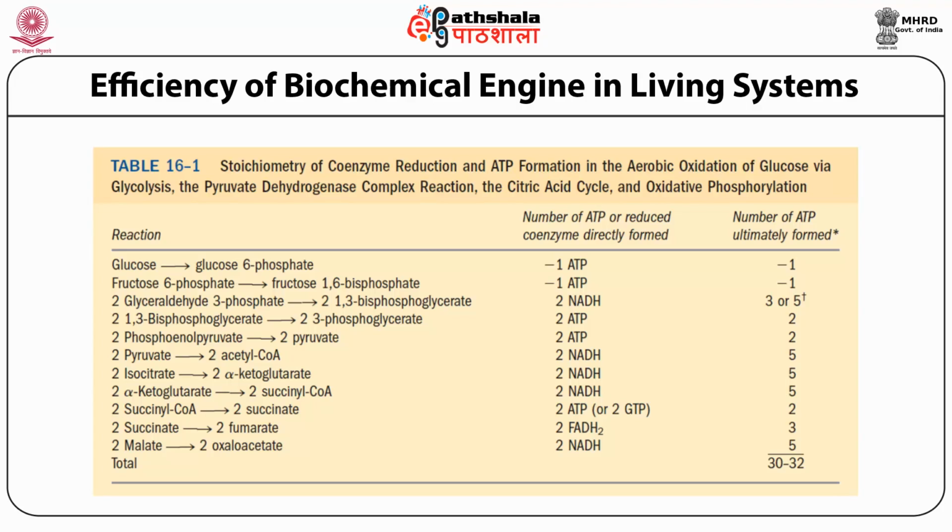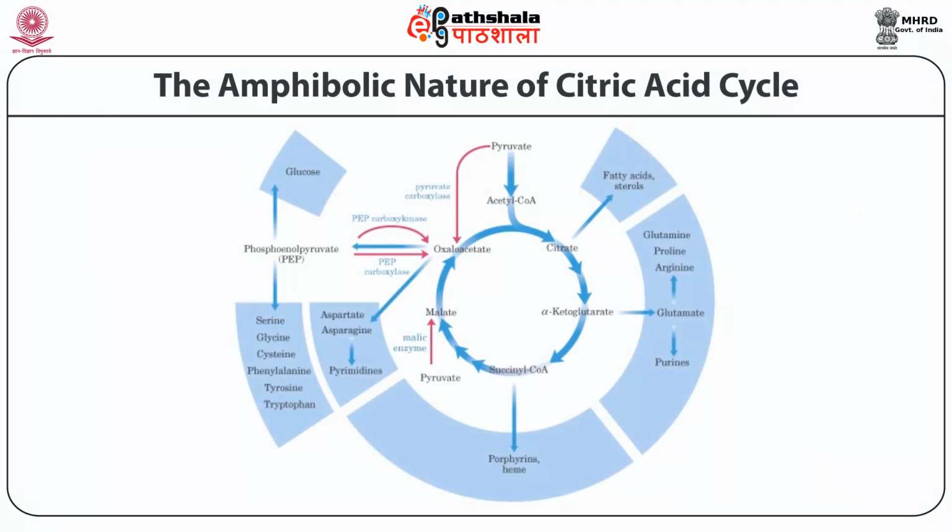This table shows the stoichiometry of coenzyme reduction and ATP formation in the aerobic oxidation of glucose via glycolysis, the pyruvate dehydrogenase complex reaction, the citric acid cycle, and oxidative phosphorylation. The figure shows the amphibolic nature of the citric acid cycle.